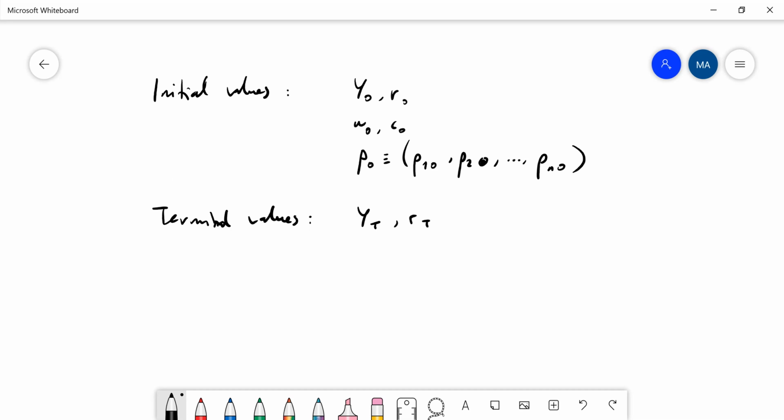Terminal values. Oh, okay, we also have the capital stock variable, right? So sometimes we have, depending on the nature of the problem you are studying, depending on the nature of the model you are constructing, you may have the end values as well.